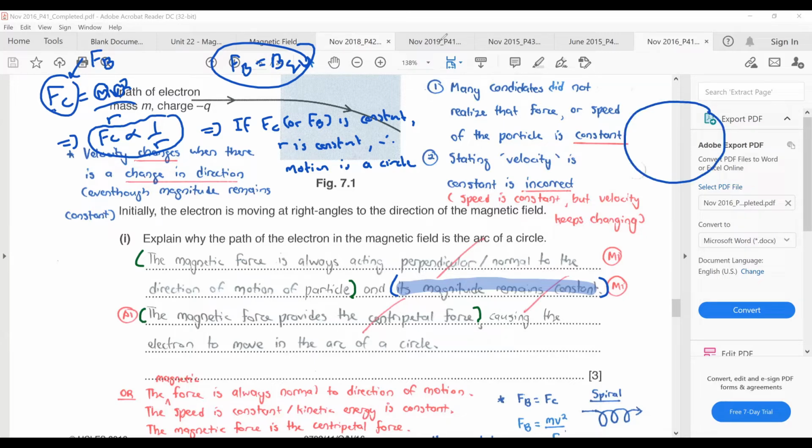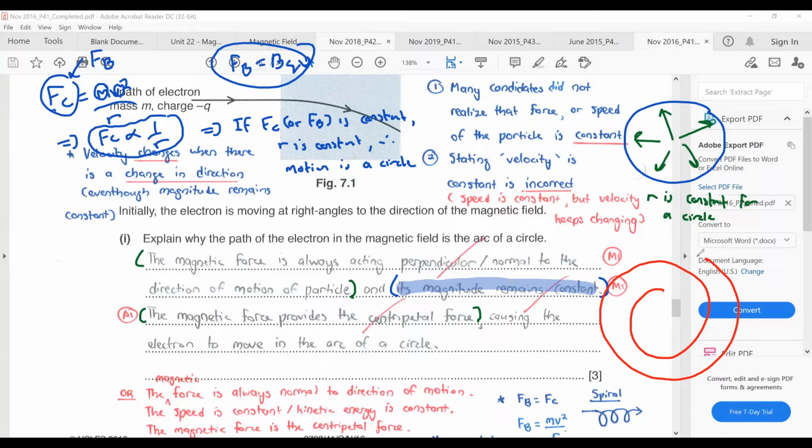You will notice that your radius is constant for a circle. If your Fc is not constant, your radius is not constant, you won't be moving in a circle. Instead, you will be moving like this, you see. You'll be moving in an arc, you'll be moving in a spiral like this.